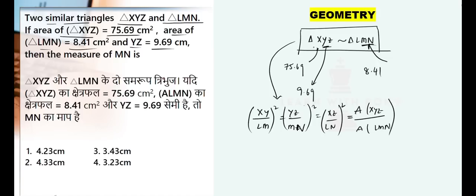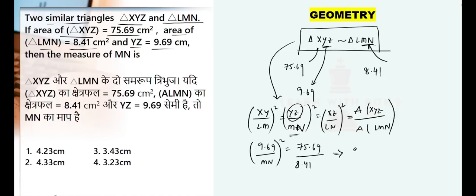Here they have given YZ, 9.69, and we need to find MN. So, YZ by MN whole square equals area of XYZ, 75.69, divided by area of LMN, 8.41.